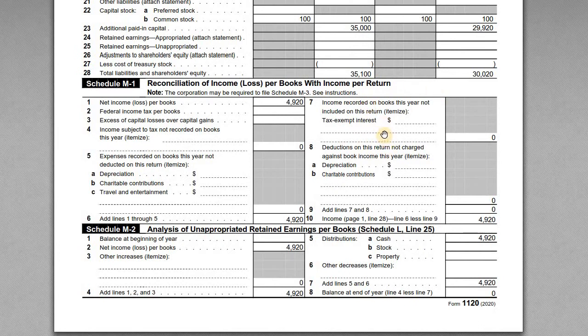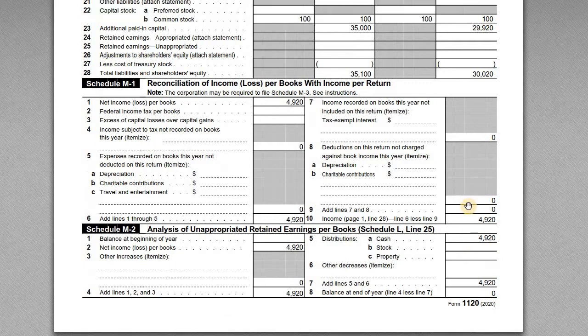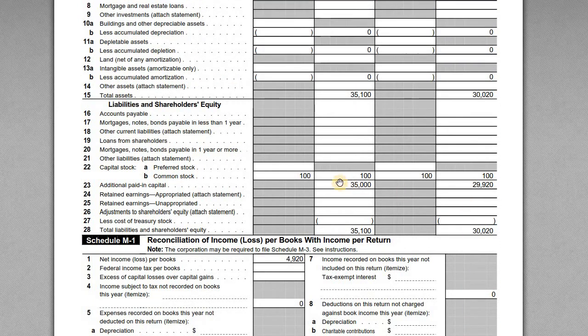And so this company's E&P was limited to $4,920. So $4,920 of that $10K dividend is a taxable dividend that reduces E&P or retained earnings. And then the excess is a non-dividend distribution that just reduced the amount of APIC in the company.